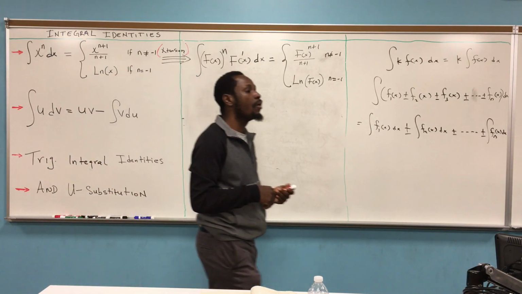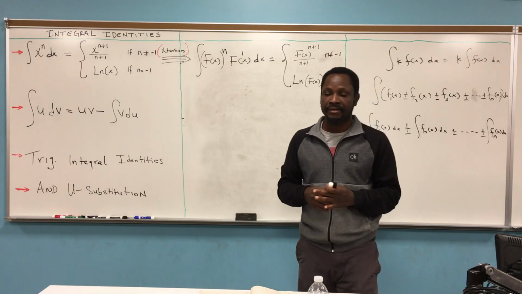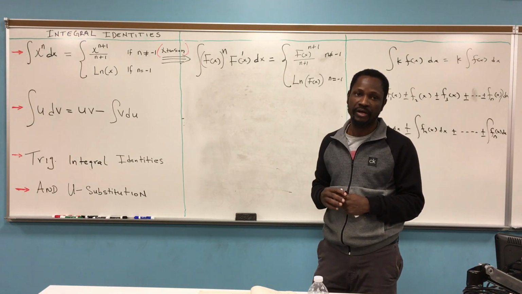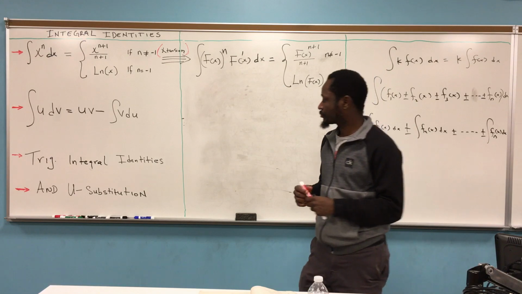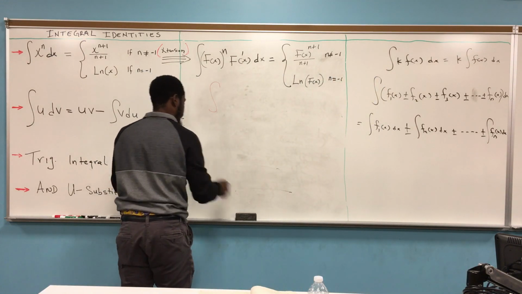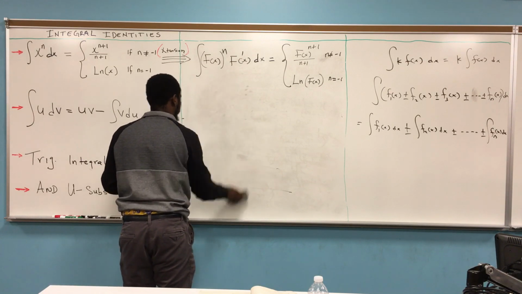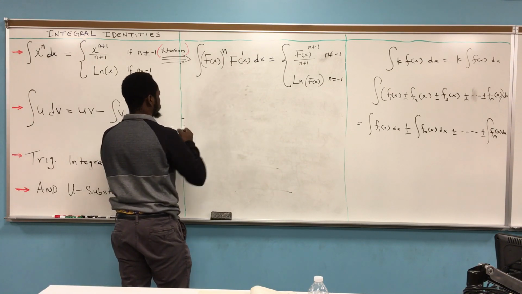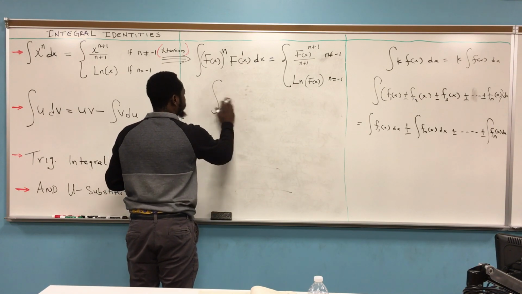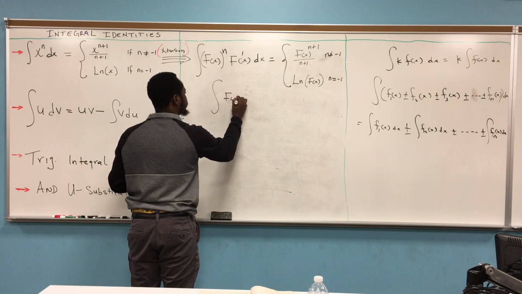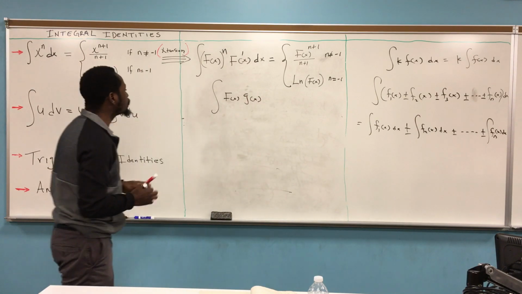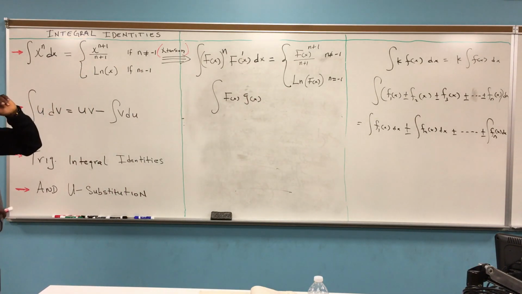How do you know when integration by parts can work for a question? If you have two functions, let's call it f of x, g of x, how do you know if you can use this?